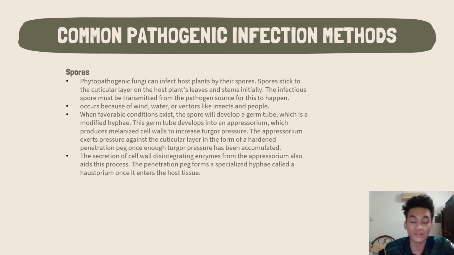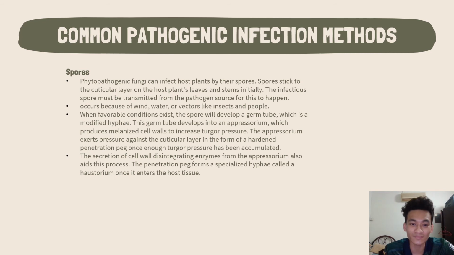When favorable conditions exist, the spore will develop a germ tube, which is a modified hypha. This germ tube then develops into an appressorium, which produces melanized cell walls to increase turgor pressure.